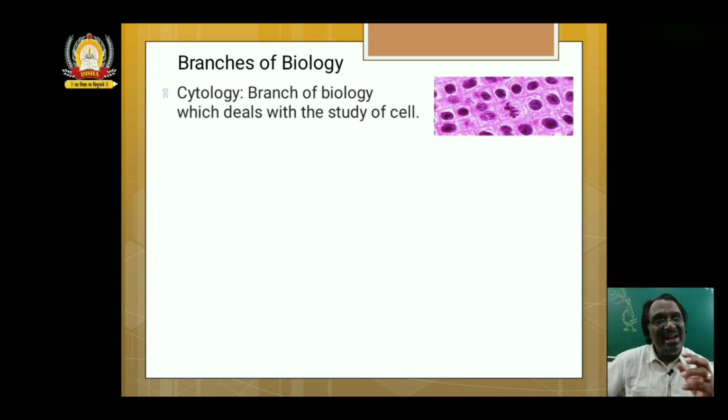So wide varieties of cells are there with a different shape, size and function. So it is a very important and huge branch of biology, that is cytology or cell biology.